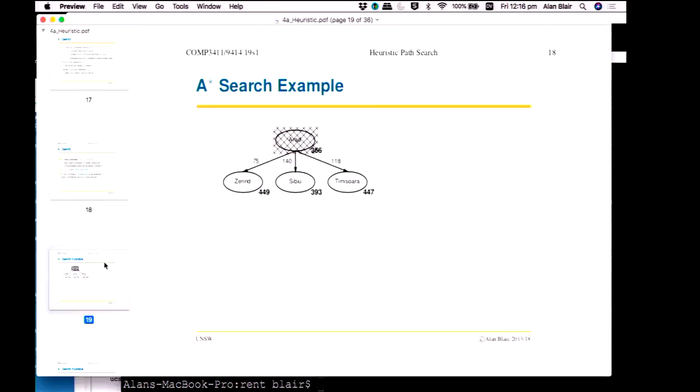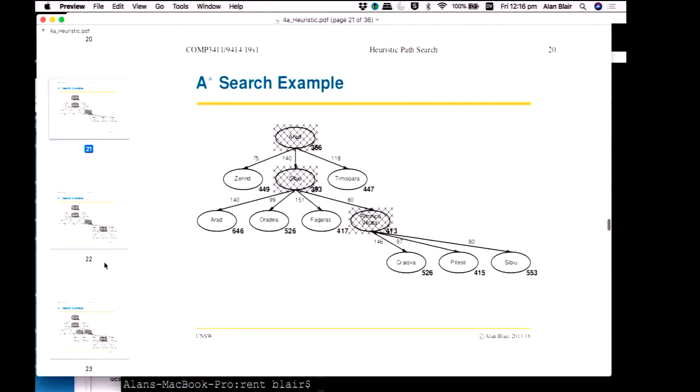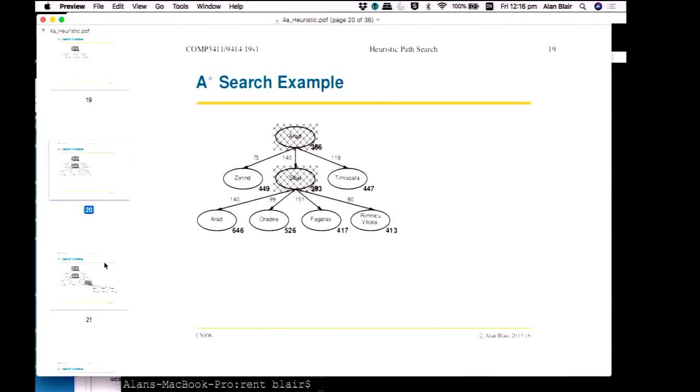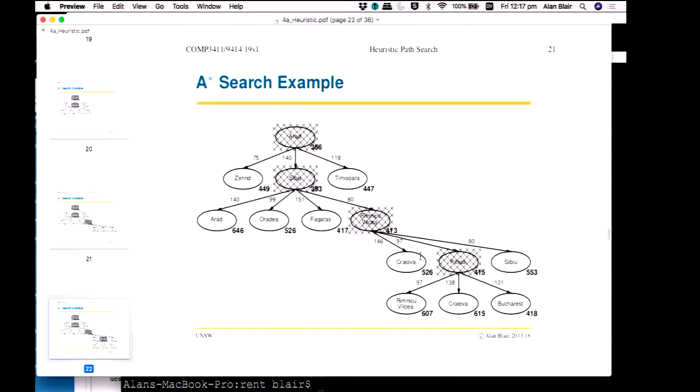Okay, so this is the same thing but without the map, and you can see the numbers better here. When we combine g of n and h of n, this Vimnicu-Vilsia is a little bit lower. Then we expand it, and Pitești is 415 compared to 417.